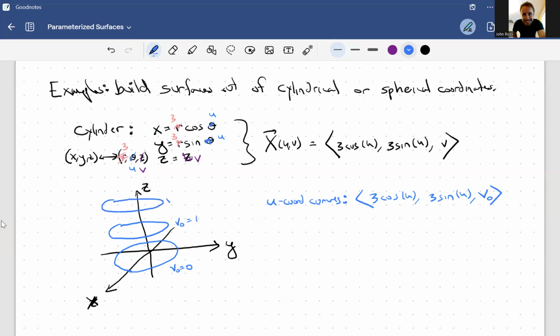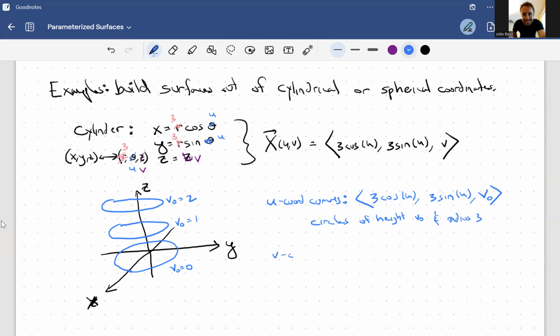Let's let v naught equal 2 up here. So we'd get a circle of radius 3 at height 2. And so these u-coordinate curves are circles of height v naught and radius 3.